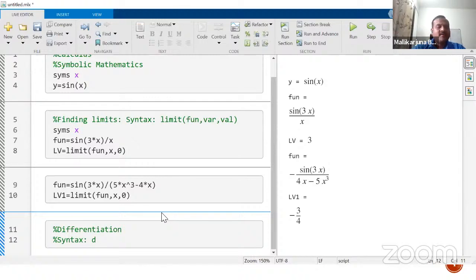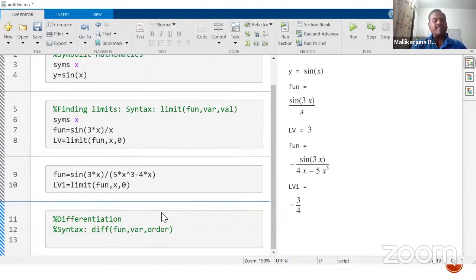Now, what is the syntax for the differentiation? It is very simple. DIFF: which function you are differentiating, with respect to what variable, and the order, that is, the order of the derivative you would like to find. So this is the syntax for differentiation.